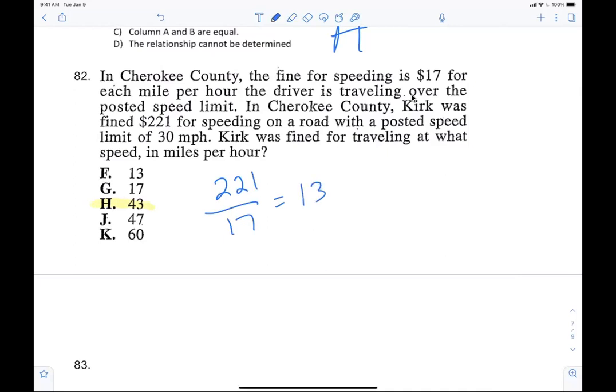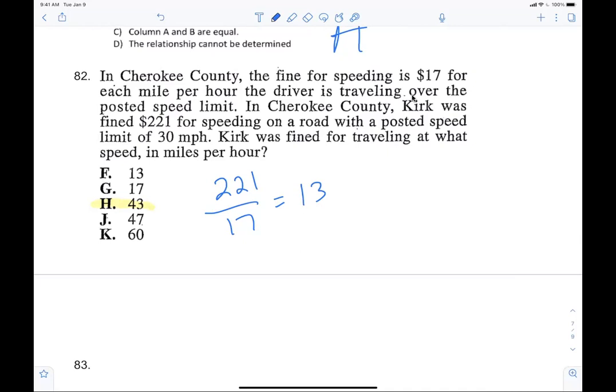Is that what you're telling me? Yeah. All right, so I'm really happy with you on that. All right, but why is it 43 and not 13? You just said 13. Oh, because 13 is less than 30, so it can't be. So how did you get the answer?